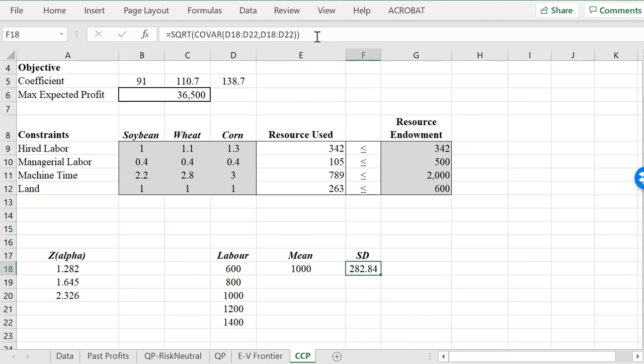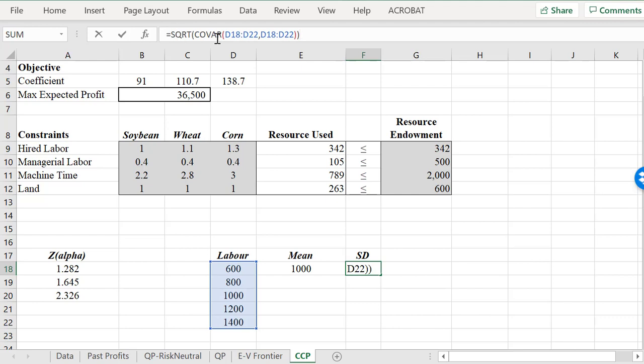However, there's also an Excel formula that you can use to calculate the standard deviation. On the outside is a square root function, and inside that is a covariance function. We mentioned that variance is just a special type of covariance, so when the 2 arguments are the same, your covariance is just your variance.